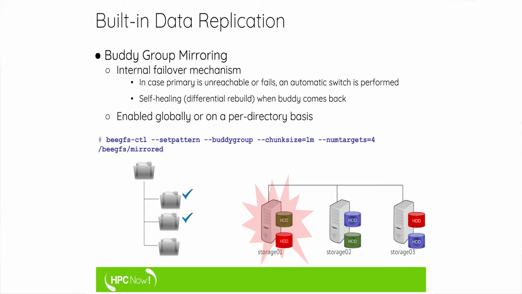We can make BeeGFS do this automatically for us, or if we want a special setup, we can define it by hand. And this will allow us to list the mirror groups that we have.